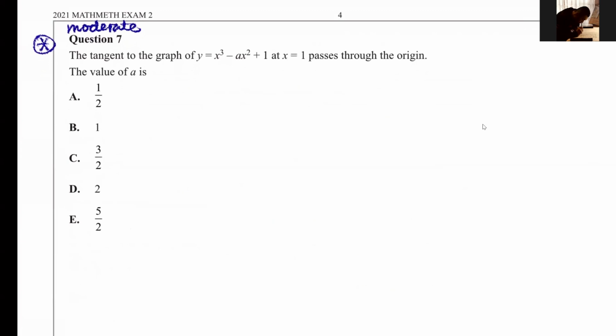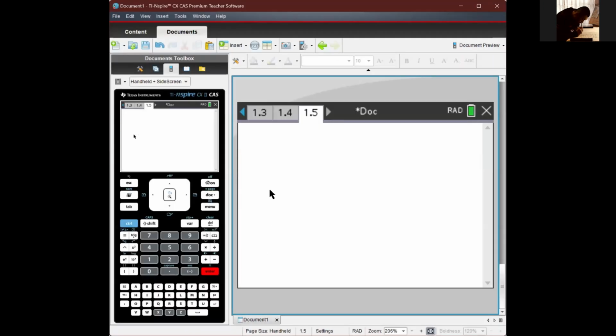Okay, this is something I would like to talk a bit more about. The tangent to this graph at x equals 1 passes through the origin. So 0, 0 should be substituted into the tangent equation, and we solve for the letter a. What you can do here is, let's call this yt, assigned to tangent line of x to the power 3 minus a times x squared.